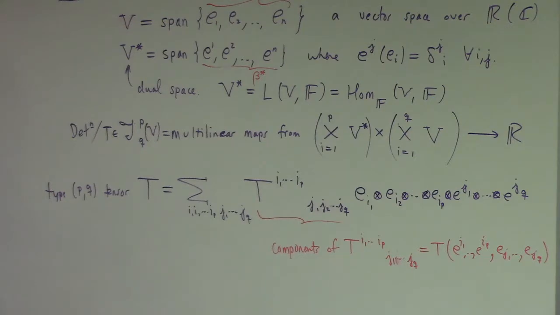I mean, we'd kind of like to prove this. All right, so I think I proved it in the case of type 2-0 mappings last time, right? Like I went through this calculation that showed you a bilinear map could be written as a sum of the E upper I tensor E upper J, and the components were given by B acting on E lower I, E lower J. Was there a question?